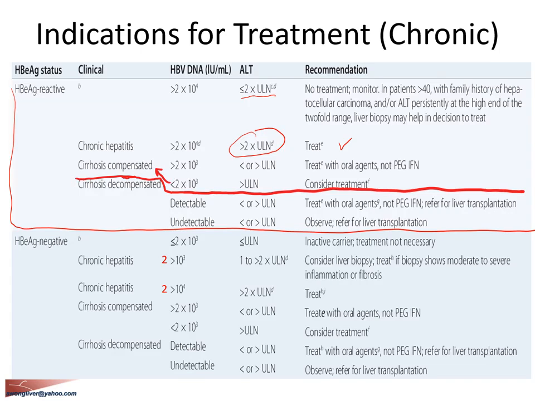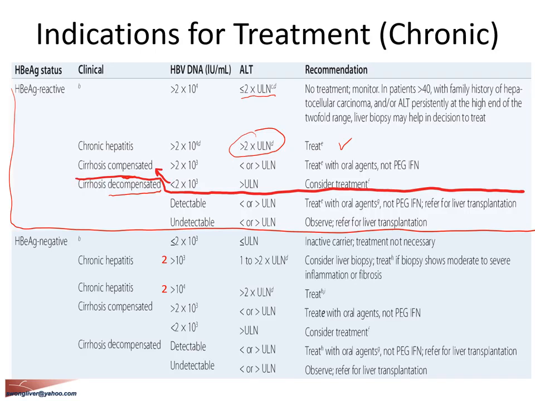If you have compensated cirrhosis, meaning there are no clinical manifestations of decompensation like ascites or variceal bleeding yet, compared to decompensated cirrhosis, decompensated patients are worse off. So if you look at the criteria for treatment, patients with more severe liver injury have lower thresholds for treatment.